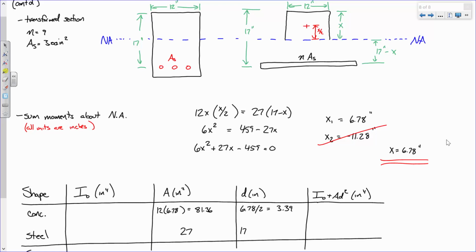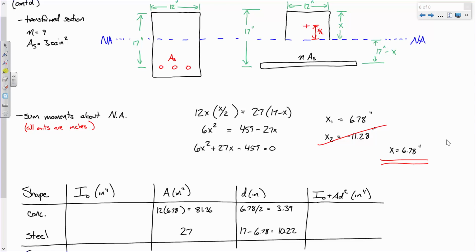So if all we do is subtract that x, we go from the centroid of the beam to where the steel is. So it'd just be 17 minus 6.78. Okay. Now, what is that? 10.22. Not too shabby, right?